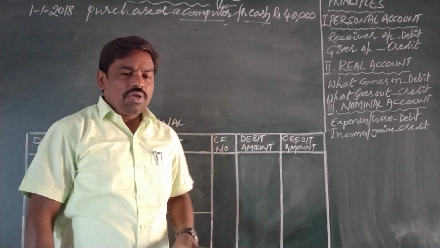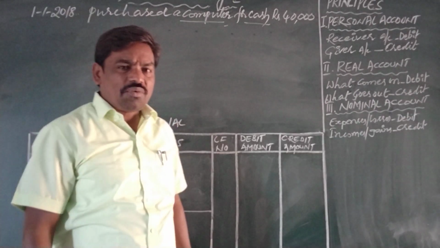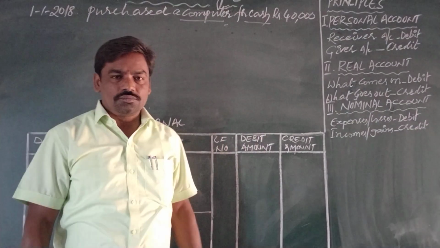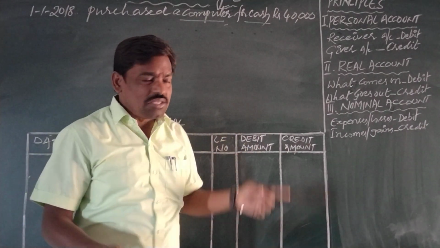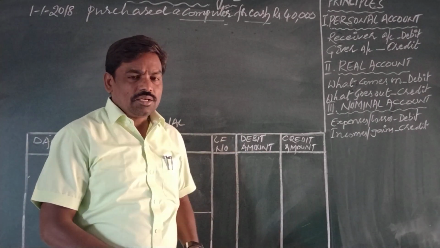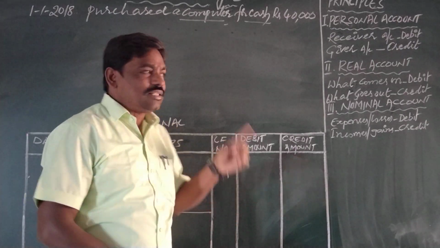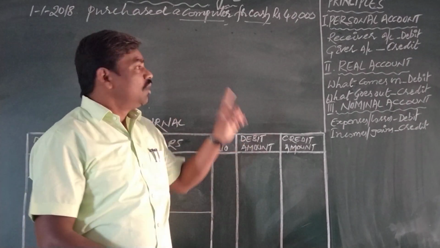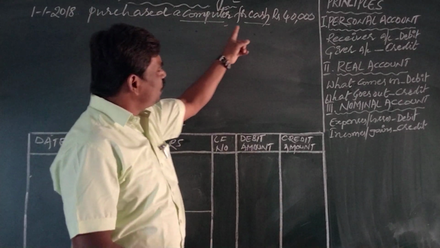We have to ask ourselves a question: is there the name of a person in this business transaction? If you observe, no, there is no name of a person. Keep it aside. Second, ask yourself: is there any asset in the business transaction? In this transaction, purchased a computer for cash.